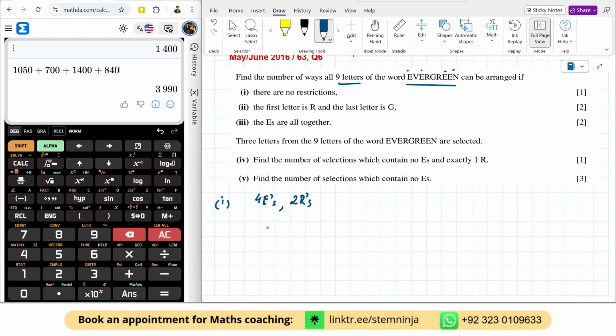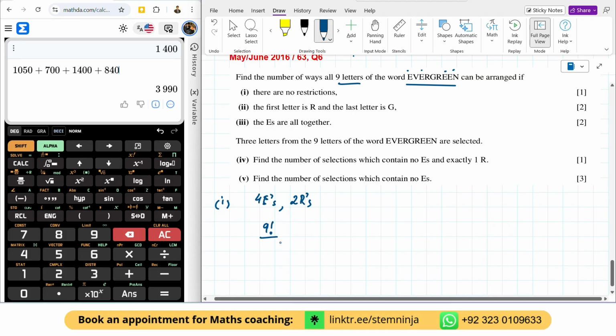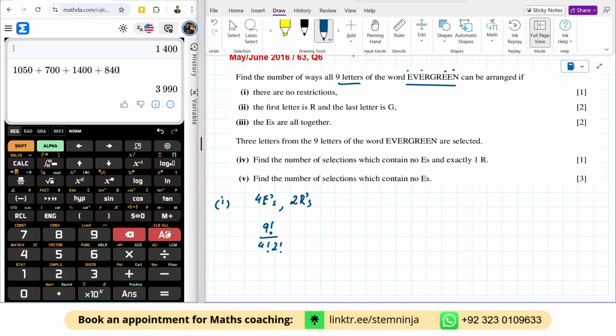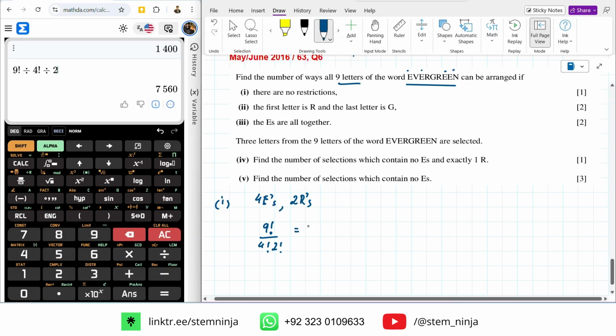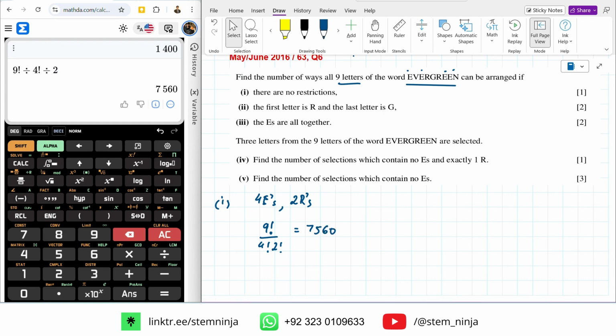So this would be 9 factorial divided by 4 factorial, 2 factorial. That's 9 factorial divided by 4 factorial divided by 2. This is going to be 7,560.